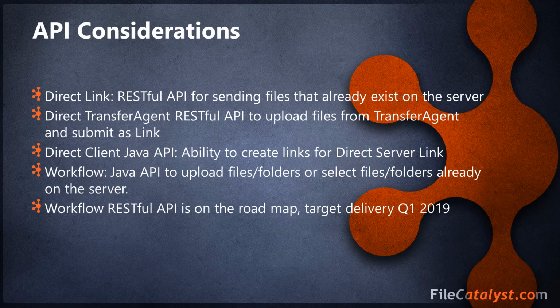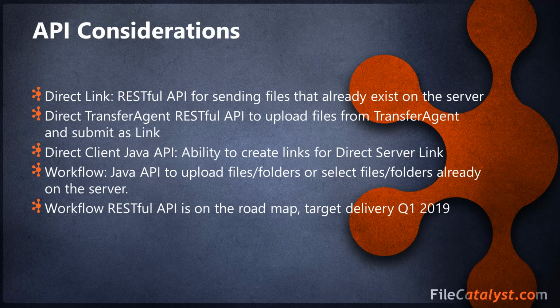Direct client Java API. On the link side, on Direct, you also have a full Java API, so you can do all of that I mentioned to you through Java. Workflow, on the other hand, has everything done in a Java API. So upload files, download files, folders, selection of what authentication method you want on a download.